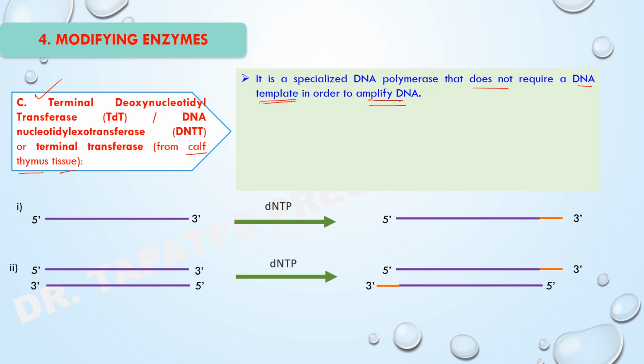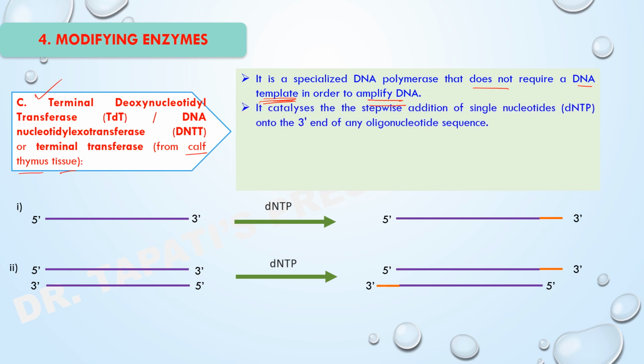You have seen that almost all of the DNA polymerases need a template in order to amplify DNA. But the exception is in the case of terminal deoxynucleotidyl transferase. It catalyzes the stepwise addition of single nucleotides or dNTP onto the 3' end of any oligonucleotide sequence.